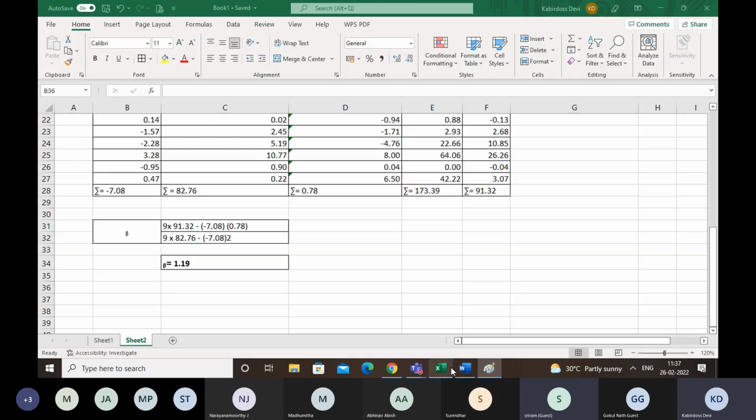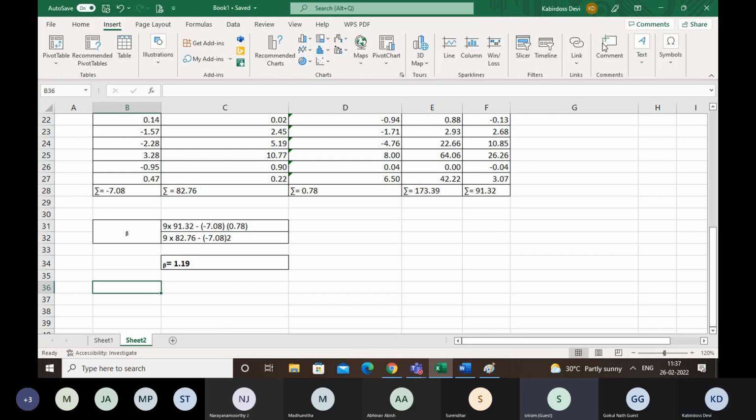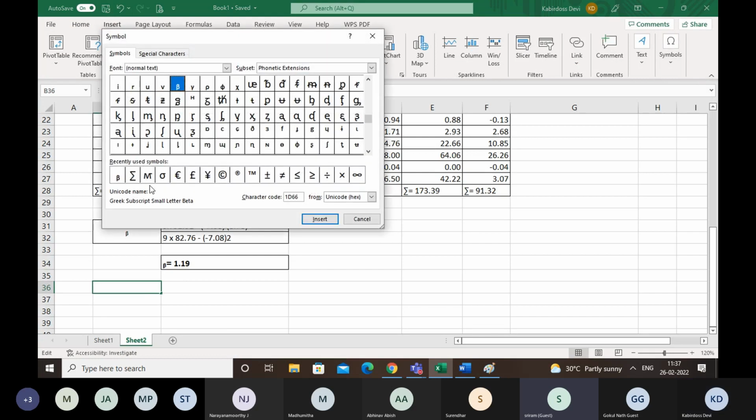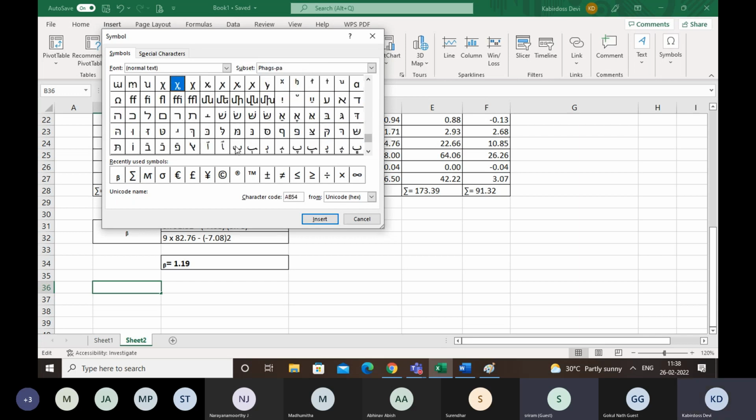Please have the values and tell me here. I'm going to find alpha. So alpha is, where is the alpha symbol? The other day we were searching for the alpha symbol, right? The alpha symbol is not there.